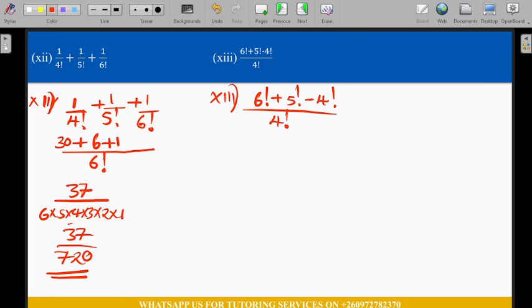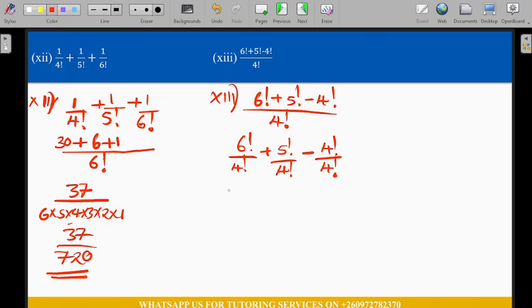What you do is you split, because 4 factorial is the common denominator for whatever we have on top. So it becomes 6 factorial over 4 factorial, plus 5 factorial over 4 factorial, then minus 4 factorial over 4 factorial.